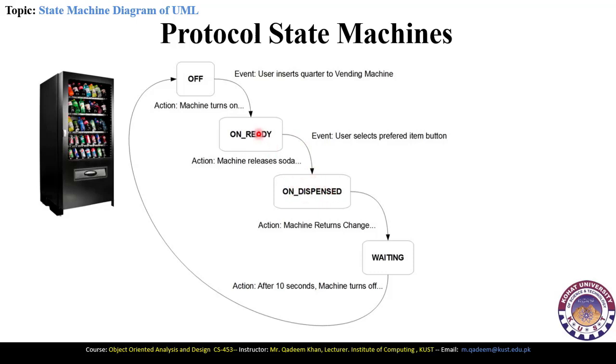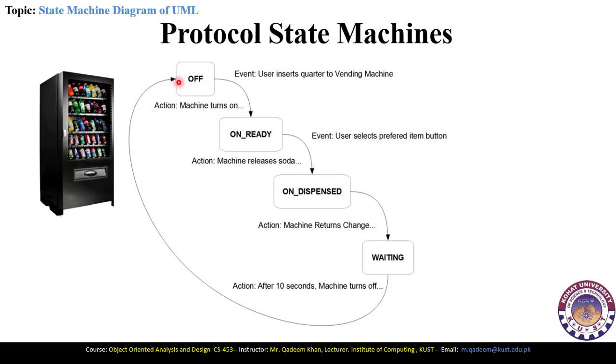That means after ready you can draw certain drinks from the machine, so the drink will be dispensed. So here the on dispensed state is called, and after this on dispensed state, the waiting state will be called. That means the system will go back to the waiting state, and from waiting the system can go back to the off state.